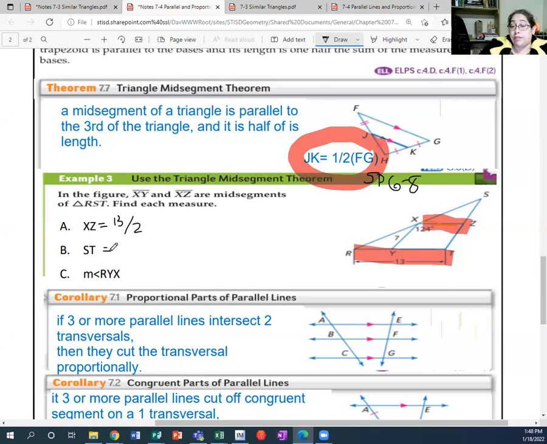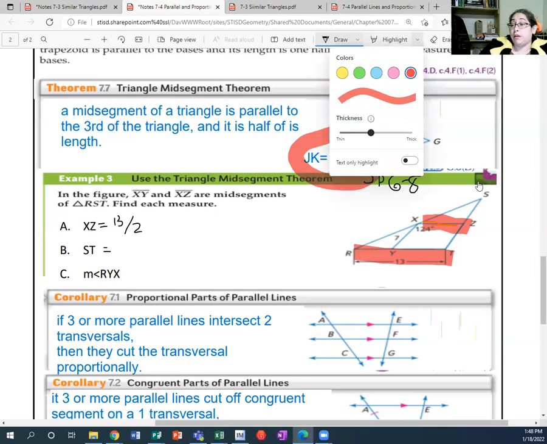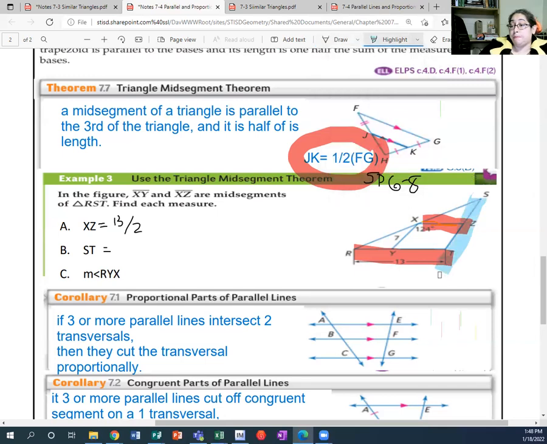I know you can think through ST. We'll highlight real quick. Here's ST. It's related to a mid-segment that's not touching. That's this one. Now this time I know the mid-segment. I was told the mid-segment is 7.